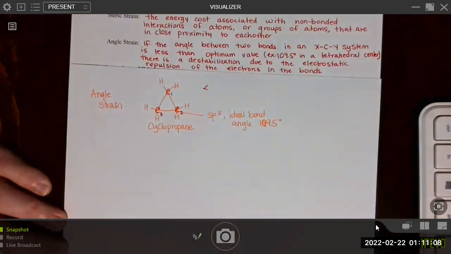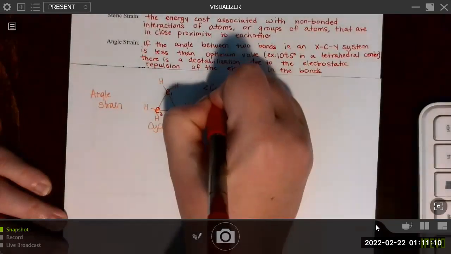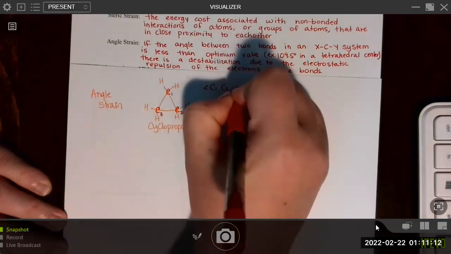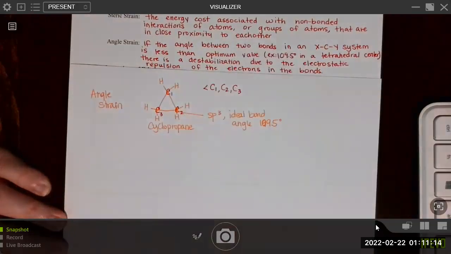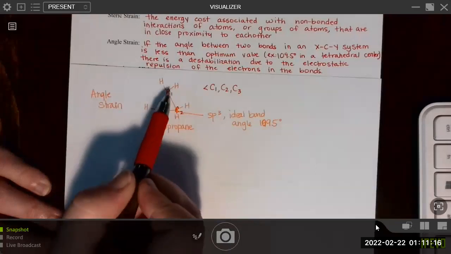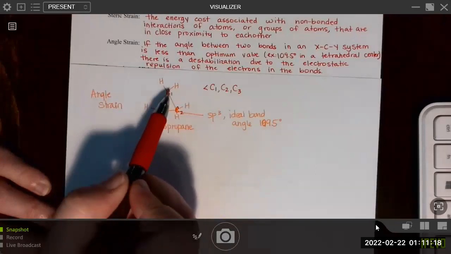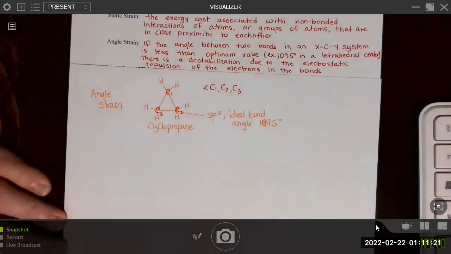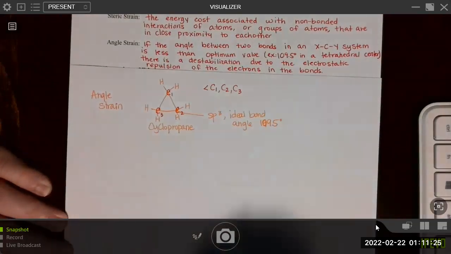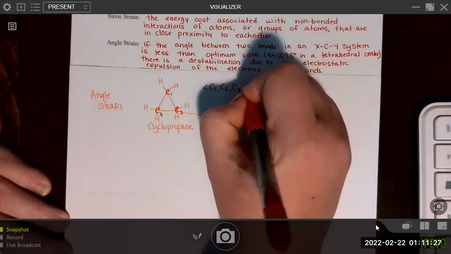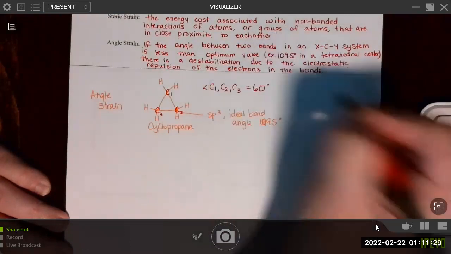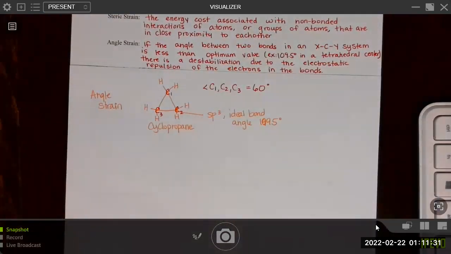So we're looking at the angle from C1, C2 to C3. And you might know that that is going to be 60 degrees, because they all add up to 180 in a triangle. So this actual angle, as drawn, looks like it's 60 degrees.